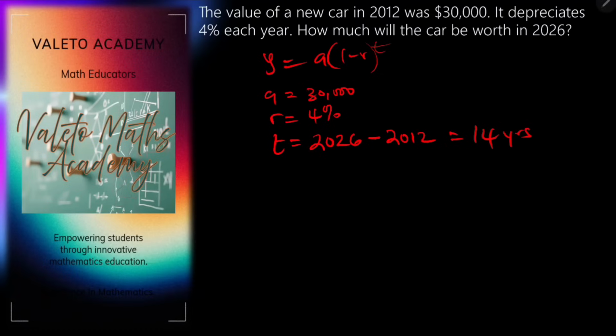So if this is arranged, all we need to do is to sort them into the formula, which is now y is equal to a, here is $30,000, multiplied by 1 minus 0.04, raised to power 14.